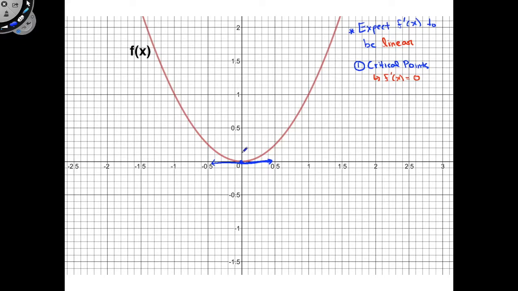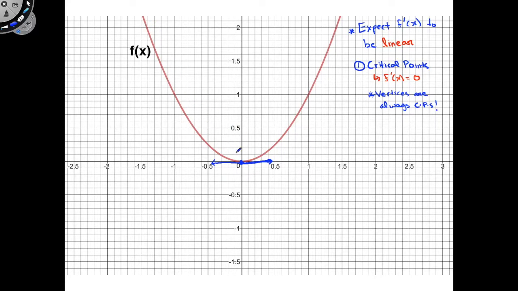Okay, and notice that this is at the vertex, right? This is at the vertex of your parabola. And a key piece of information that will come in handy later down the road is that vertices are always critical points. And this makes sense, right?